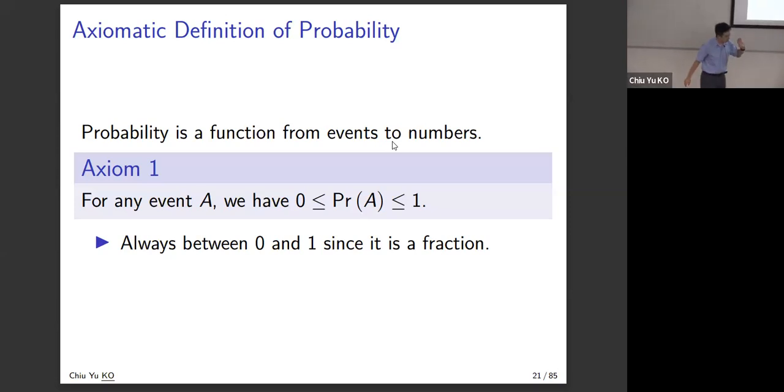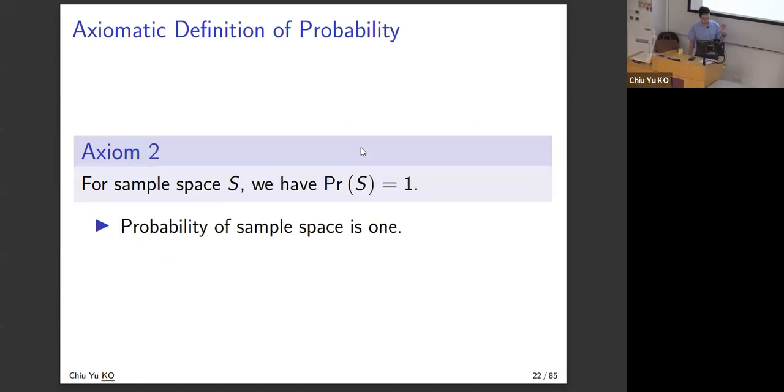And the number that function gives, from axiom 1, is always from 0 to 1, right? And axiom 2 just says the probability of the sample space is 1, okay? So do note that it does have some meaning. It means that we know all possible outcomes coming from the case.